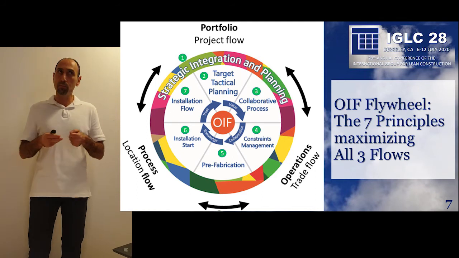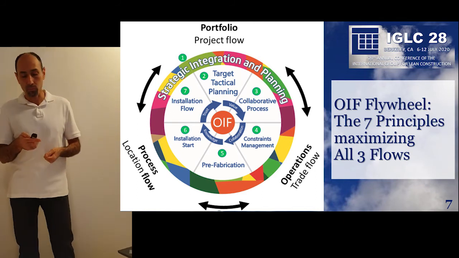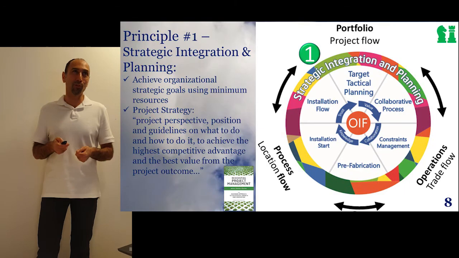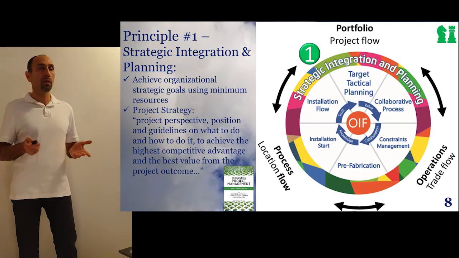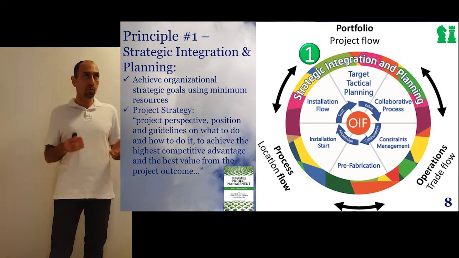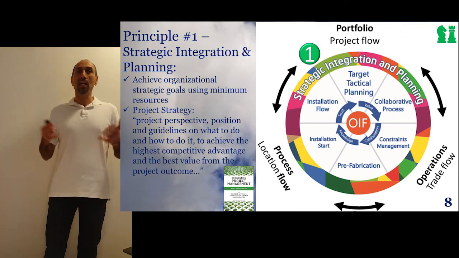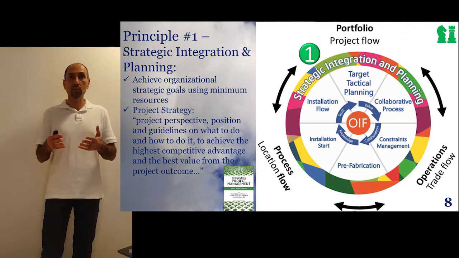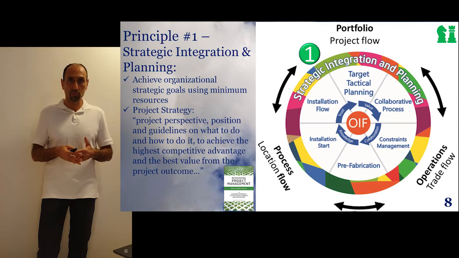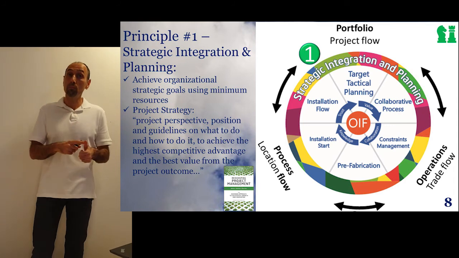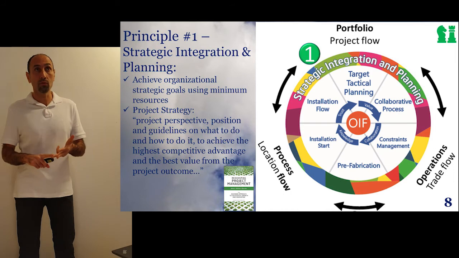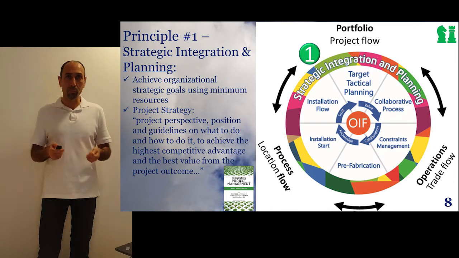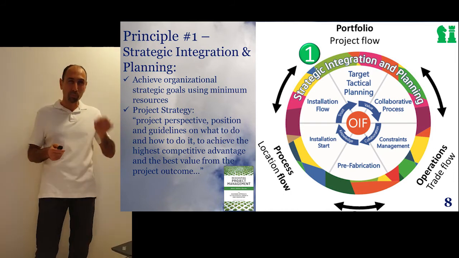So let's deep dive into each and every principle before we get to the results. So the first principle is the strategic integration and planning. It's really how do we achieve the alignment between the goals for each project and its available resources, whether it's time, money, available or critical resources, machinery, and how do we develop and articulate to ourselves what is the project strategy?